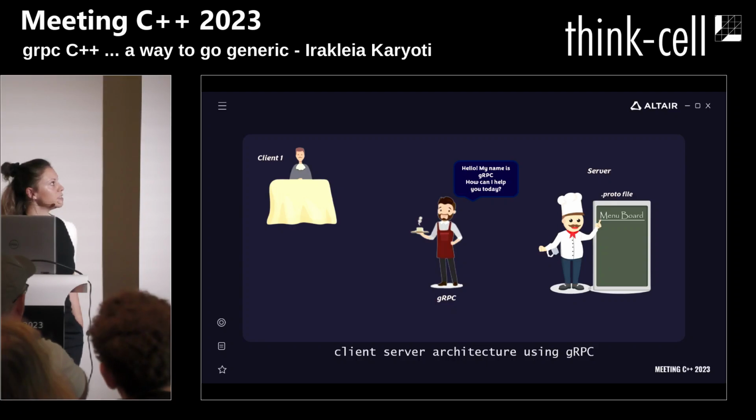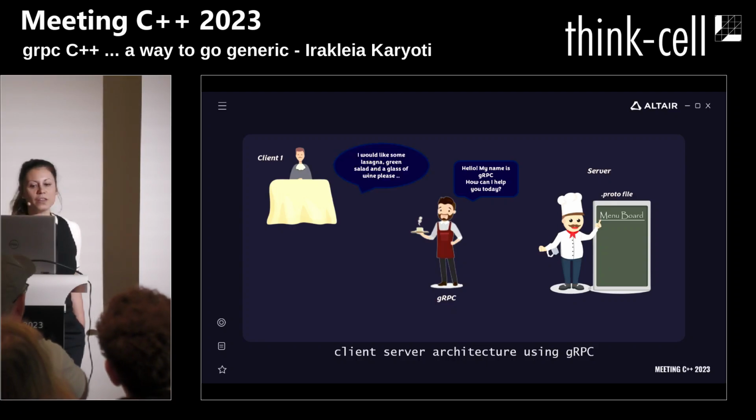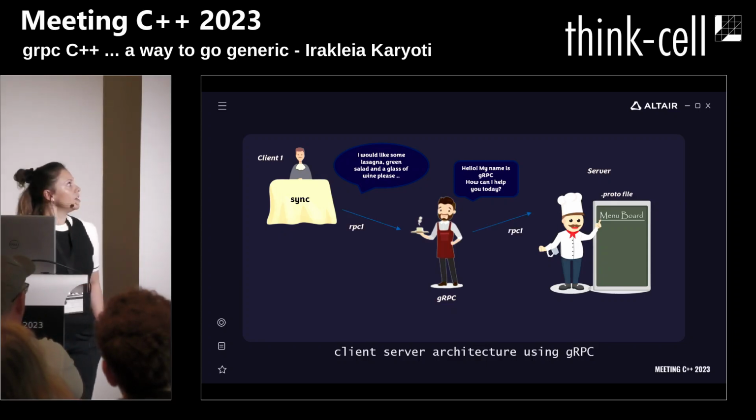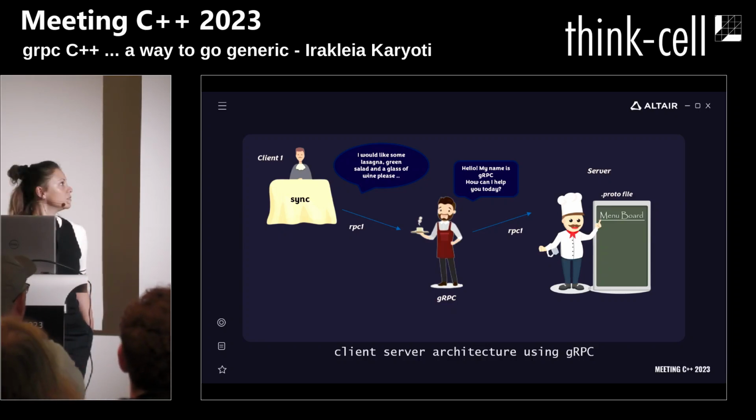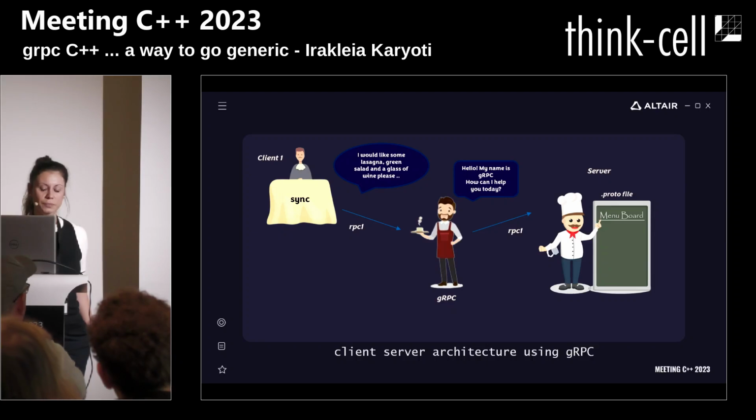In this case, the client will say, hi, I would like some lasagna, a salad, and a glass of wine, and then the client will initiate a call to the server through gRPC, and the client will decide that he is going to block until the completion of the call.